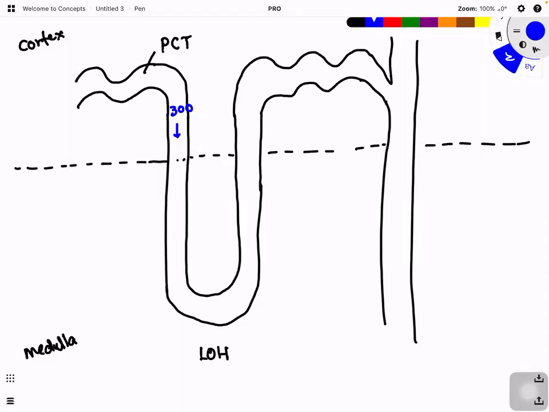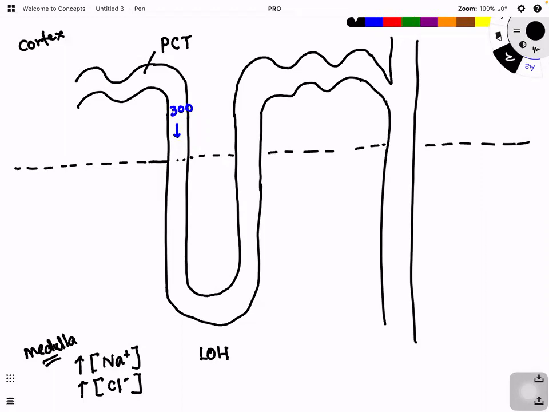If you check, the medulla actually has very high concentrations of sodium ions and chloride ions. Very, very high sodium and chloride ion concentrations. It's about 4 times higher than the normal tissue fluid, and it gradually changes.